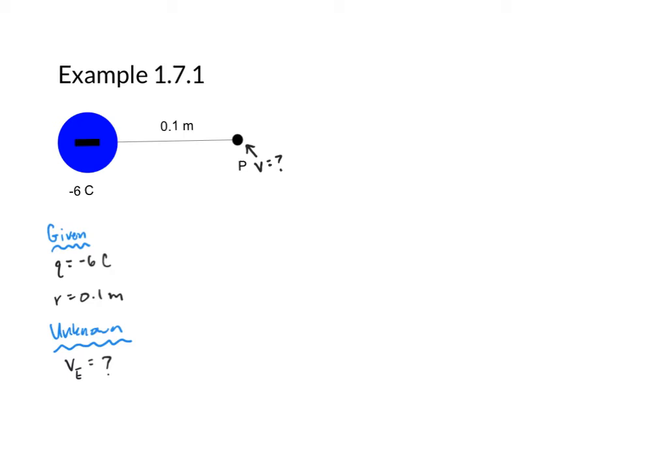So let's go to our equation. I know that VE is equal to KQ over R, so I can plug in my numbers. I'm going to go to my sub and solve stage and put in my givens and my constants.